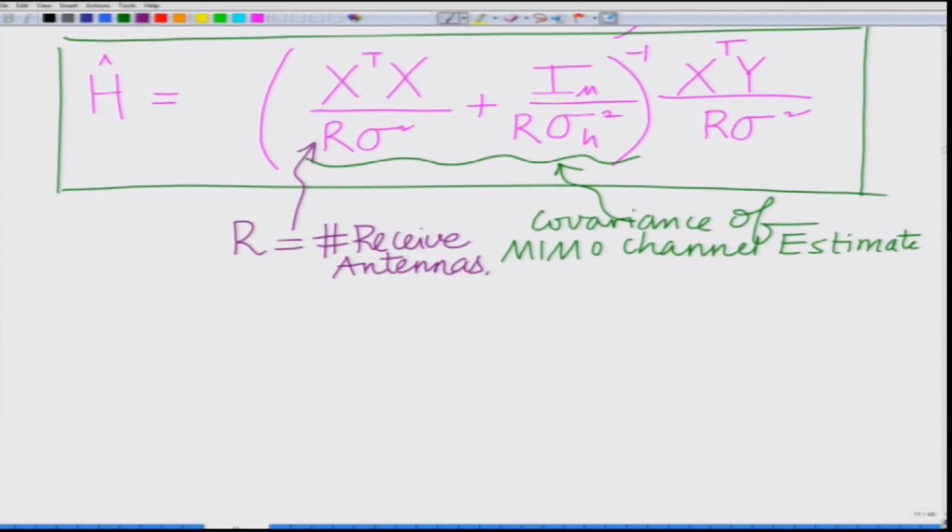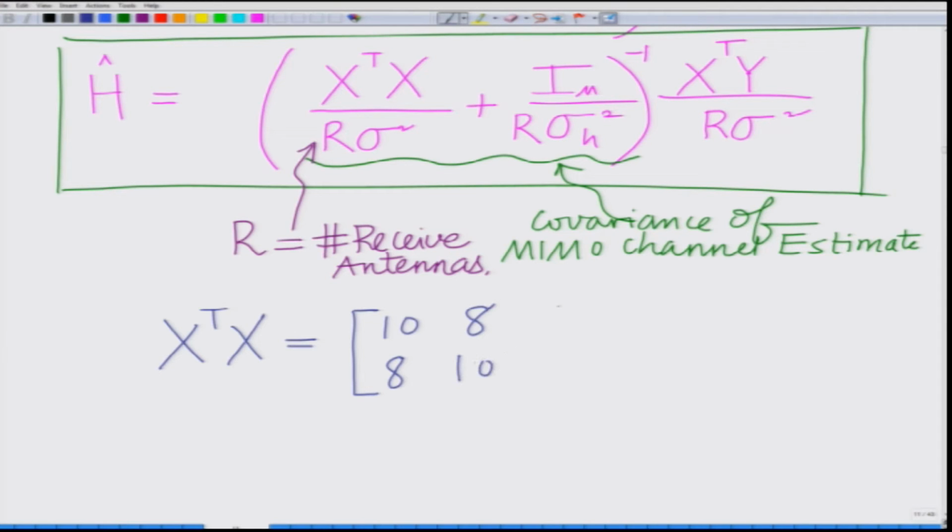Now, let us start computing each of these quantities. Of course, we need x transpose x. X transpose is the transpose of x: you take x, make the rows into columns and columns into rows.